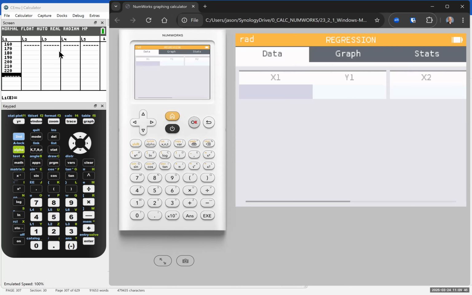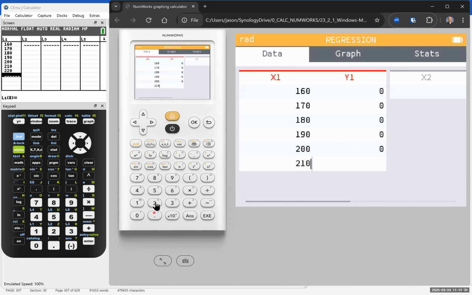And for the x values, I'm going to put in those same numbers. So 160, 170, 180, 190, there's our mean, that's the center, 200, 210, 220. All right, now let's flip back over to the Texas Instruments.